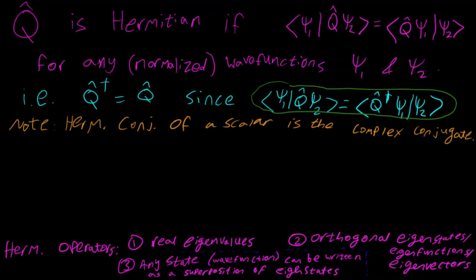I'm going to write them down here, and we're going to test if they are Hermitian or not, and I'll put a check or an X. Number one is multiplication by a real scalar.